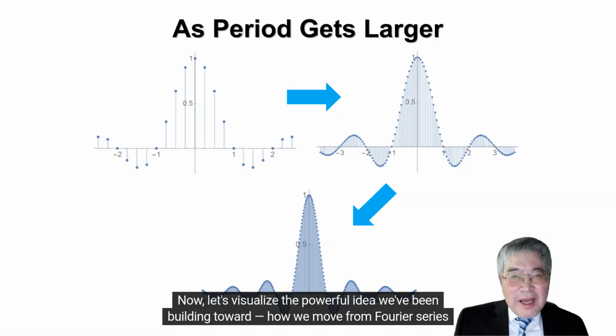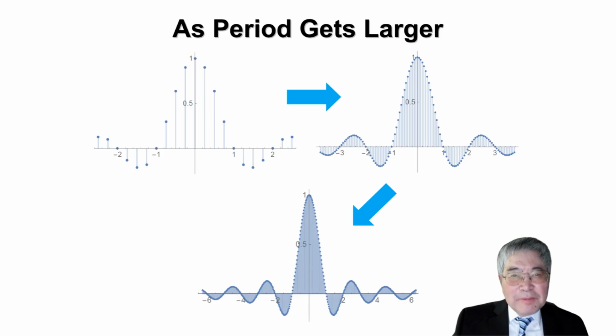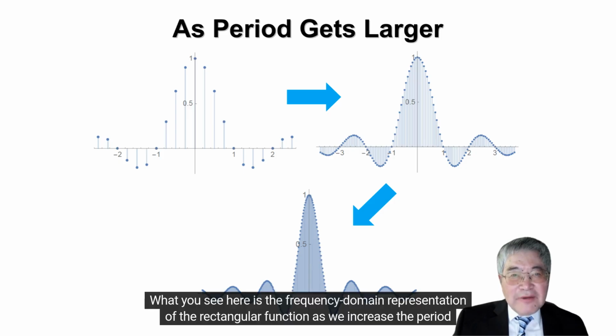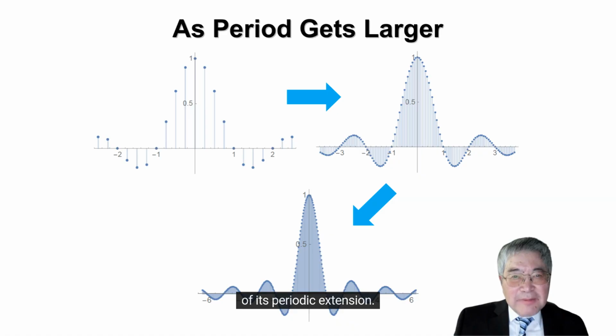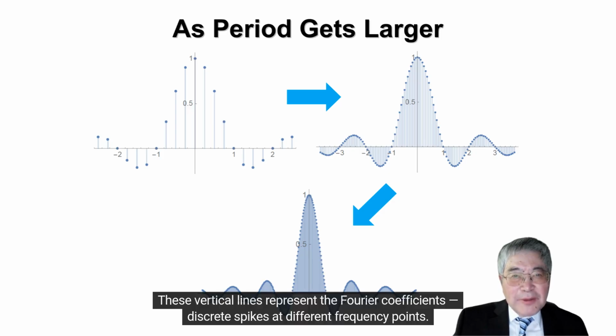Now let's visualize the powerful idea we've been building toward, how we move from Fourier series to the Fourier transform. What you see here is the frequency domain representation of the rectangular function as we increase the period of its periodic extension. Let's start at the top left. These vertical lines represent the Fourier coefficients, discrete spikes at different frequency points.